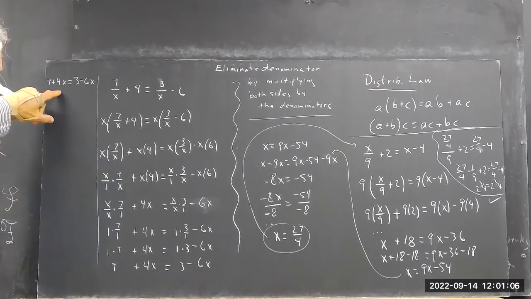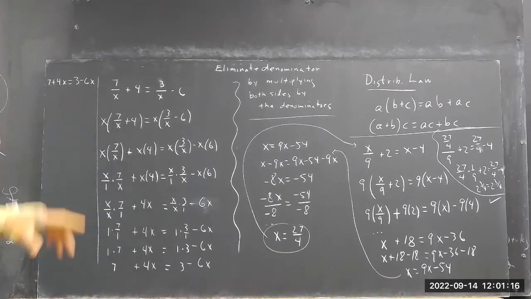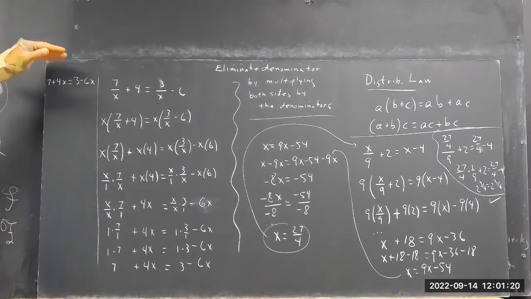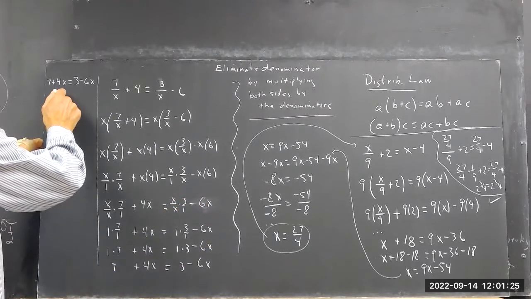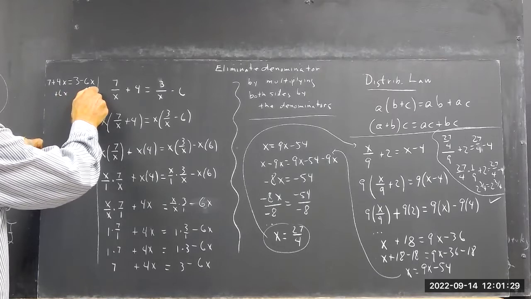Well, you're going to want to get the x's on this side, meaning I want to get rid of the x on this side. Now I'm going to write it out in a way I don't prefer, but I don't have a lot of room here, so I'm going to use this space rather than this space. I'll just do what you are prone to do, and it's perfectly okay.